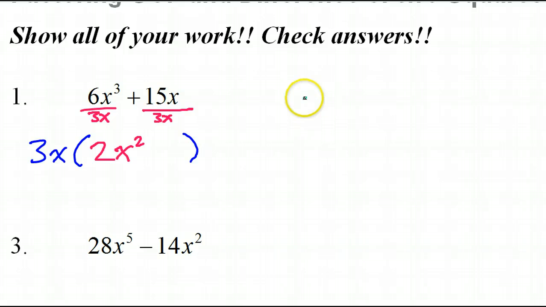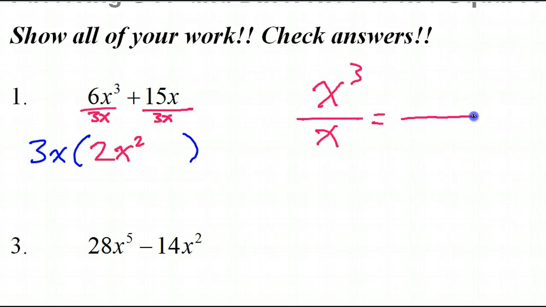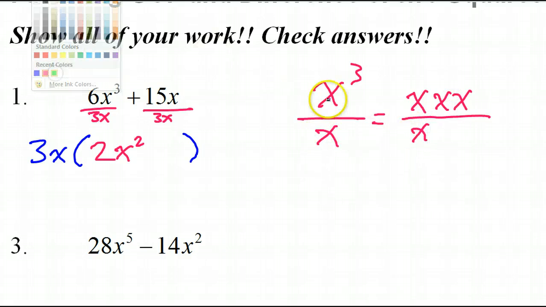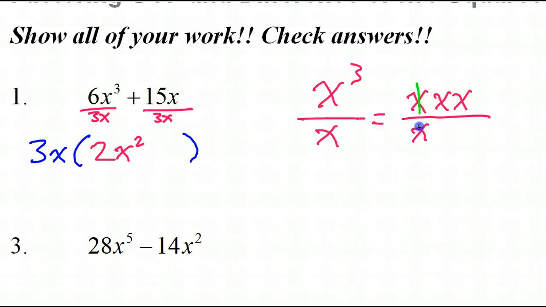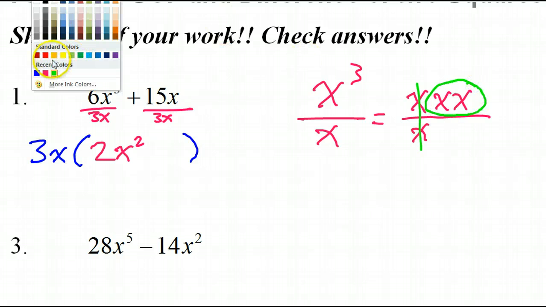One time real quick off to the side, when I say x to the third power divided by x, in my mind what I'm picturing is x to the third power is x times x times x. And then I've got this x in the denominator. So what's happening is the x in the denominator is canceling out one of the x's in the numerator, and that's leaving 2 x's.